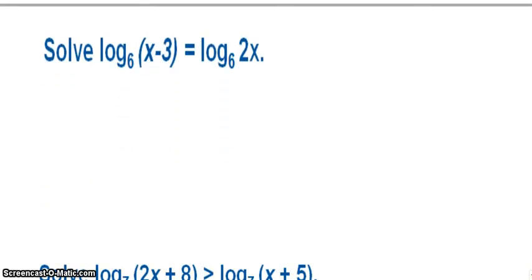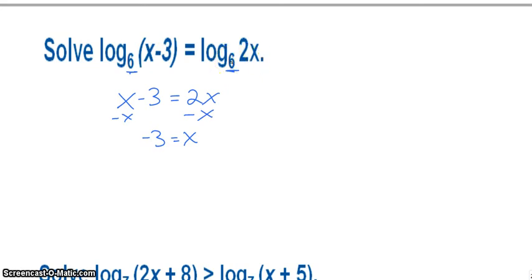Let's take a look at this one. So, again, bases are the same. So, I can set my arguments equal to each other. x minus 3 equals 2x. So, I'm going to subtract over x. And negative 3 equals x. Well, if I plug it in over here, I have a negative argument. And if I plug it in over there, I have a negative argument.